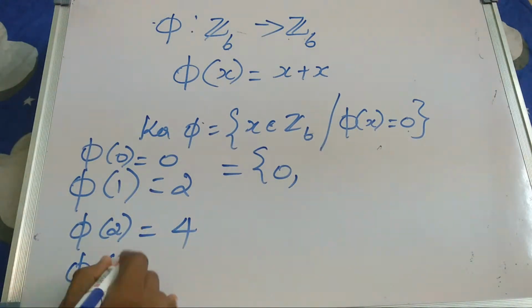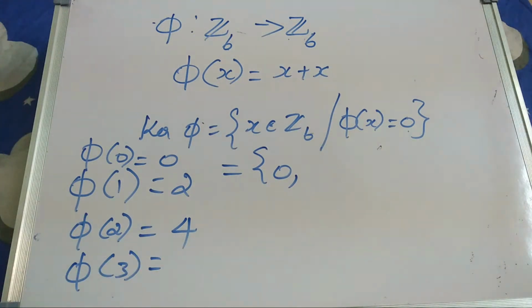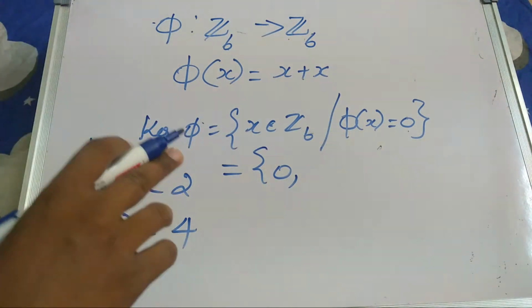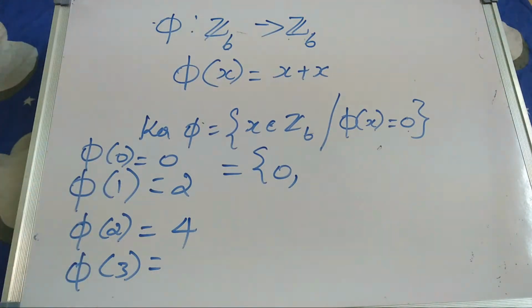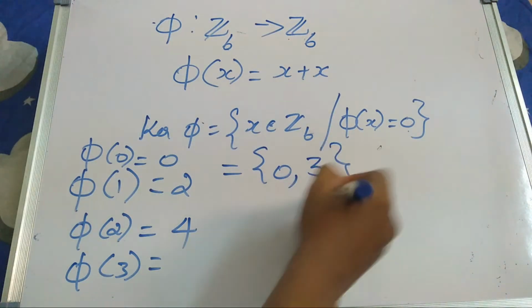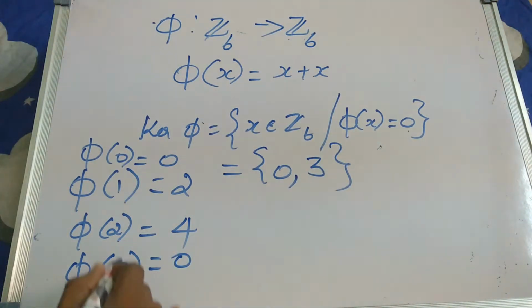Phi of 3 is 3 plus 3, 6, but since we are working in Z6, we use mod 6. So 3 plus 3 is 6, so it is going to be 0. So we are collecting this. We are collecting the elements in the domain. Please be careful with that. By kernel, we are saying that we are collecting elements in the domain whose image is 0.